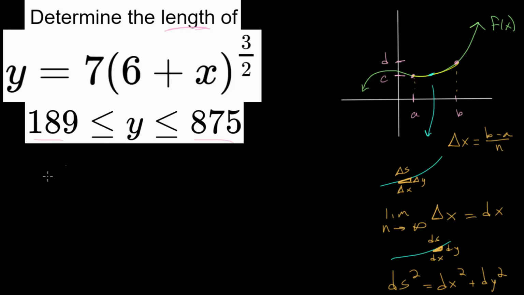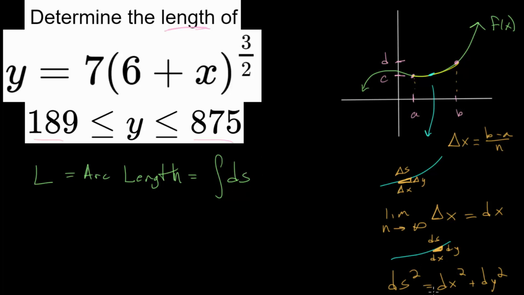So we can say that L, this is the arc length of our curve, is the integral of ds. And the bounds could be from a to b, or they can be from c to d, depending on how the function is written. So before we put bounds in, let's manipulate the formula for ds.